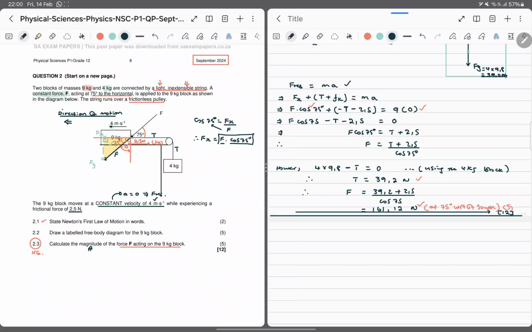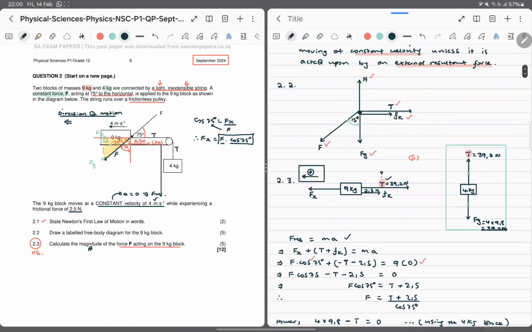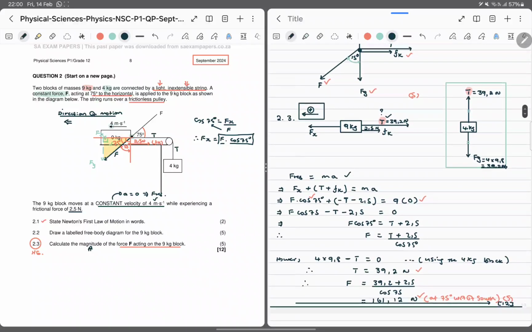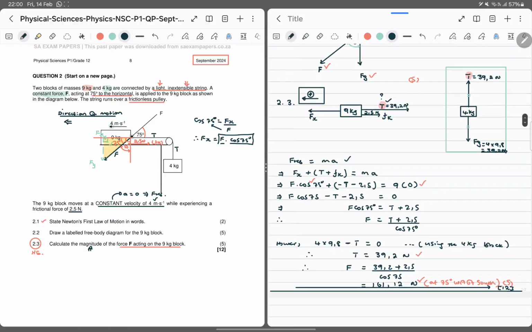So I hope you guys have enjoyed the video and you can see the skills necessary to deal with questions on Newton's laws. And I can tell you guys, drawing these force diagrams is key, because without them it becomes very difficult to figure out what to do and how to do it.